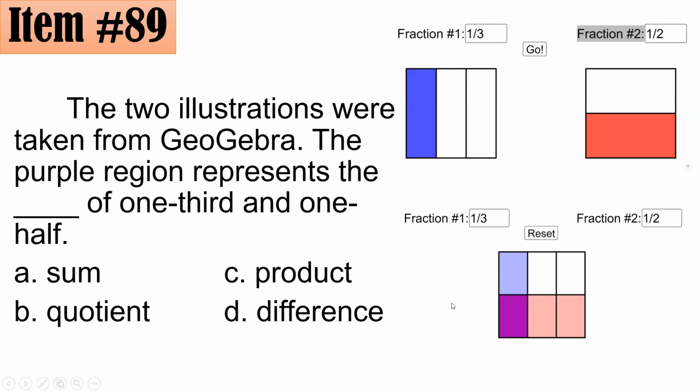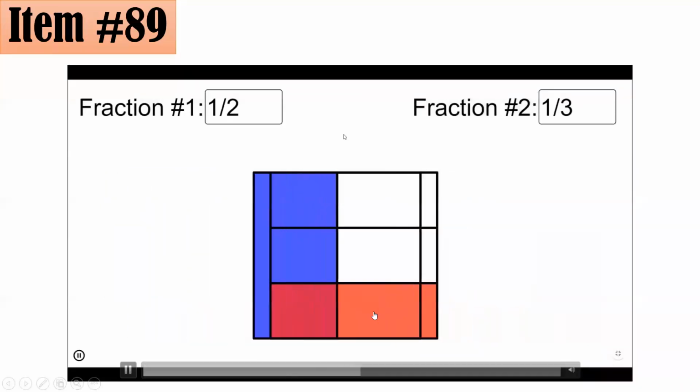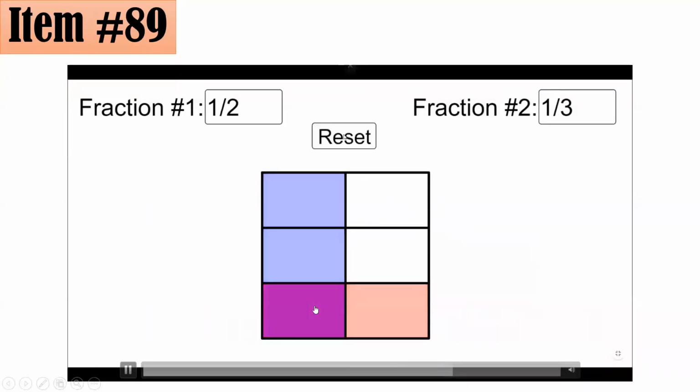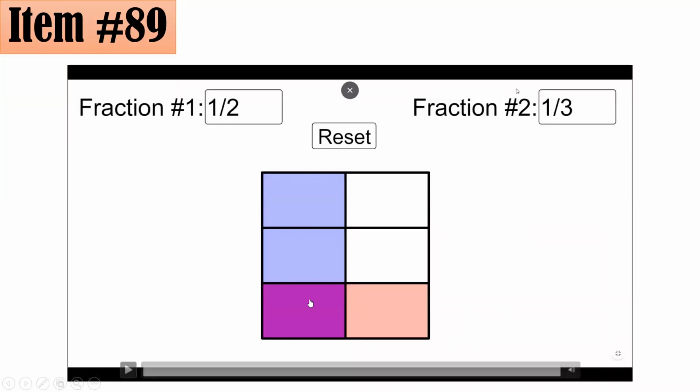Take note, yung purple region po, ito po yung hinahanap natin. Ito ba ay sum, quotient, product, o difference? B or C? You will see here. Ito po, I used actually GeoGebra here. Take a look po. Yan po, 1/2, 1/3. Ito yung lagay niya. This purple is 1 out of the 6 parts, di po ba? Yung tanong po, ano pong ginawa? 1/6, yung purple na to, 1/6 ito.